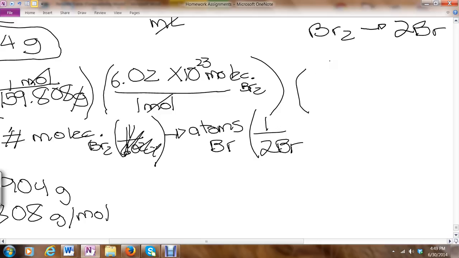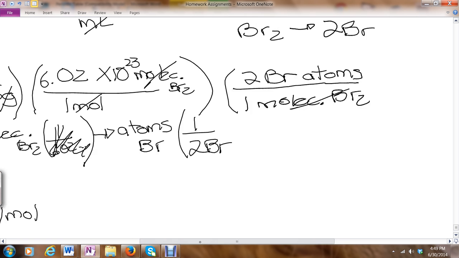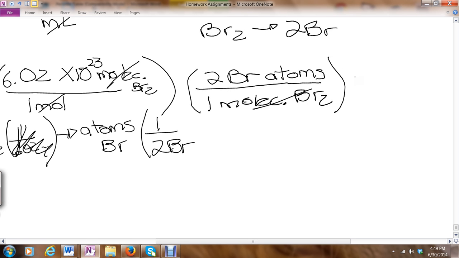So now you multiply by 2, because in 1 molecule of Br2 you have 2 Br atoms. So this and this cancel out, and you multiply everything.